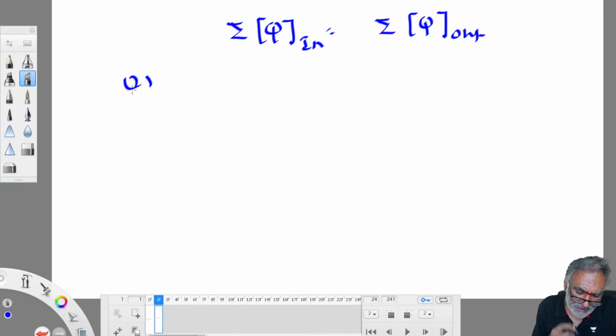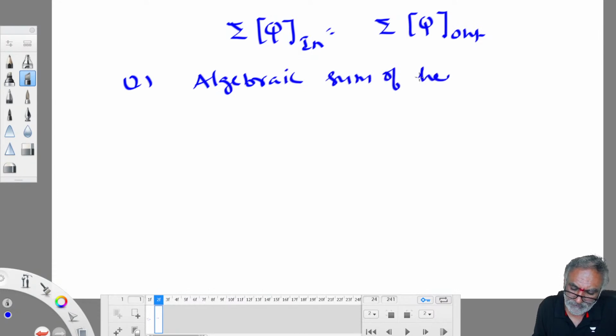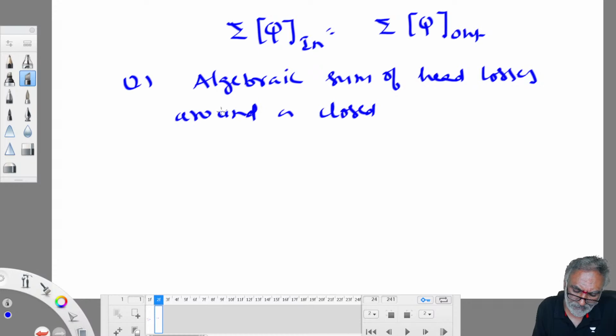And the second condition is algebraic sum of head losses around a closed loop must be 0.